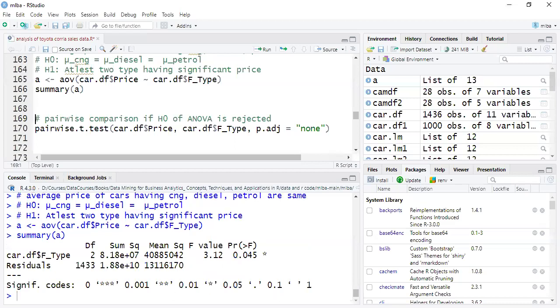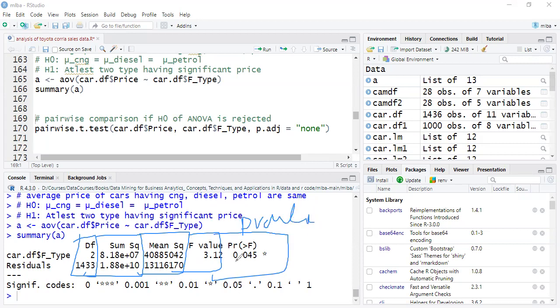This is your ANOVA table, and it has many columns. One column is degrees of freedom. Another column is sum of squares. The next column is mean sum of squares. Then the F statistic. Sorry, the last column is the p-value.